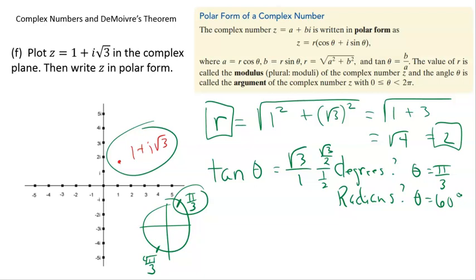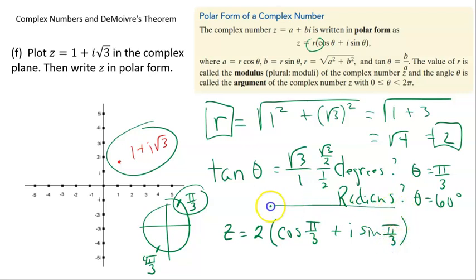One correct answer in radian form would be that z is equal to, remember, the r goes out front, so that's going to be 2 in parentheses, cosine of pi over 3 plus, don't forget your i, sine of pi over 3. That is an appropriate answer.